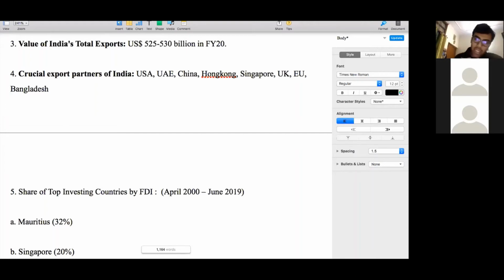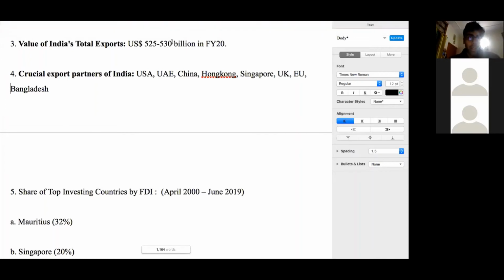Okay, one of you is asking if these are interim exports. No, these are the final figures. These are the final estimated figures for FY20, India's exports. These are not any interim figures.